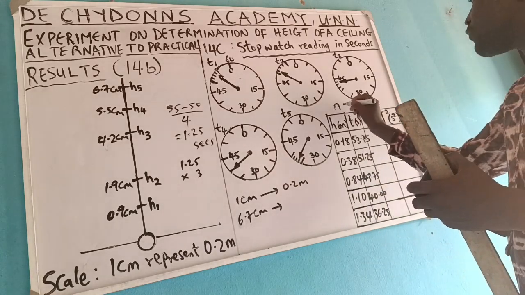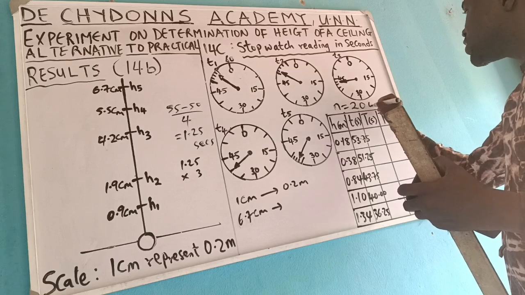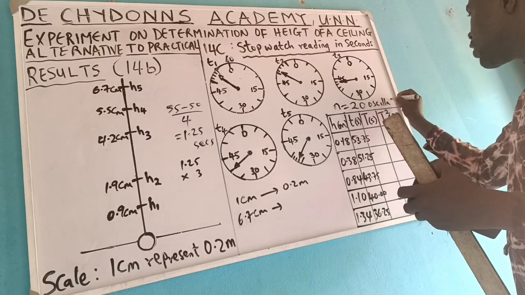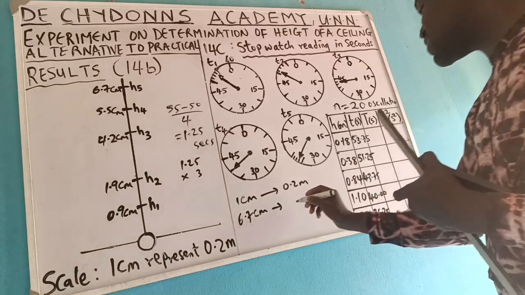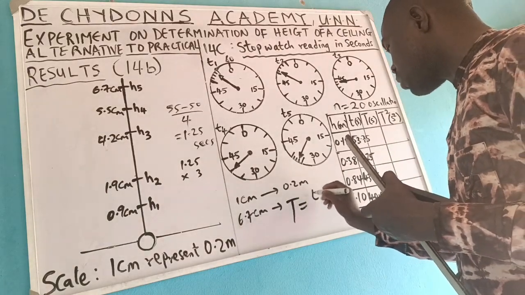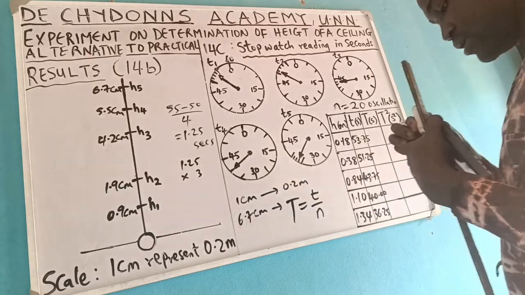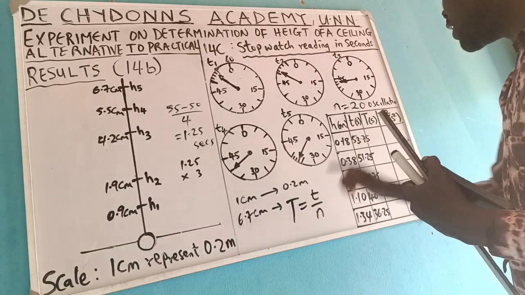Remember that the number of oscillations is given to be 20 oscillations. So what you do now is you say that capital T is equal to small t all over n, where n is equal to 20.